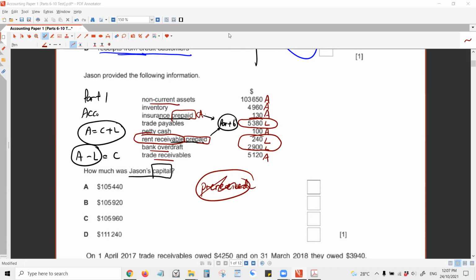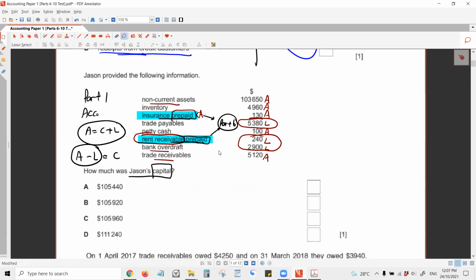Okay, one of you is asking me, how is rent receivable prepaid a liability? Hold on, yeah. Yeah, correct, Crystal. Okay, let me give you a conclusion about how to see whether it's a current asset or current liability. If necessary, you write down something about part 6 here.